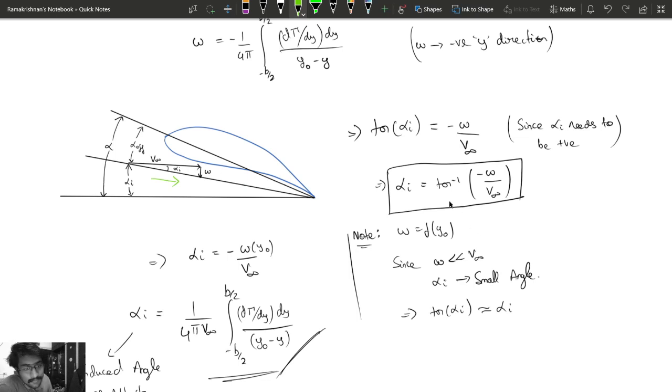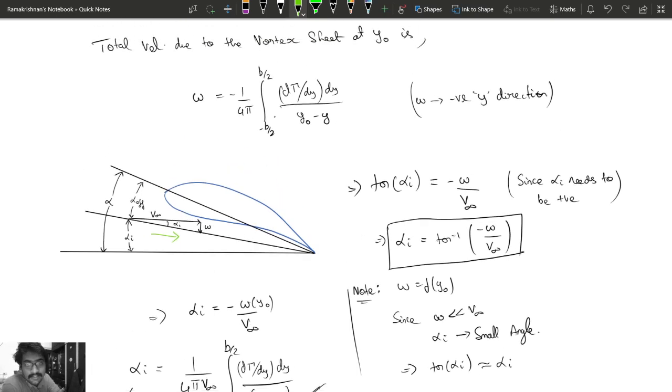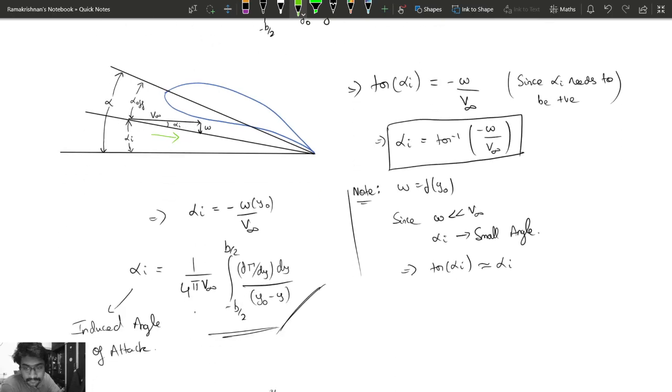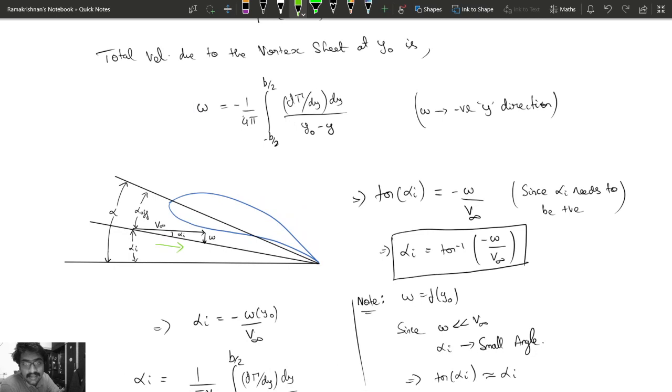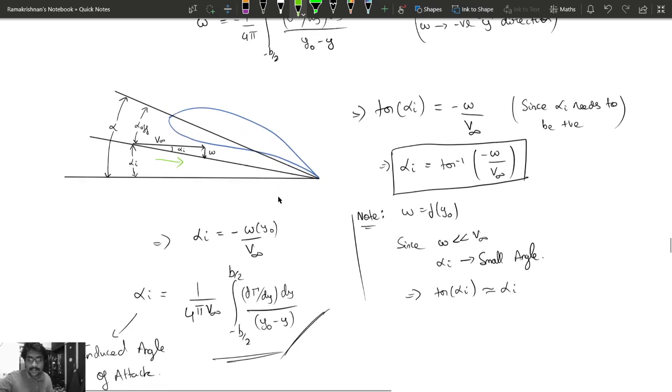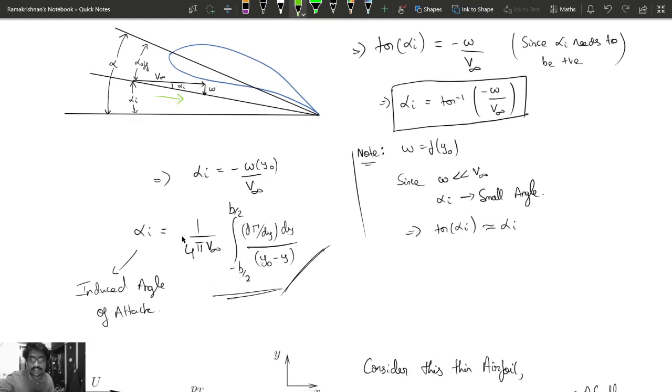So we can use the small angle approximation tan theta equals theta, and we get alpha i is nothing but w by v infinity, and we have calculated w as a function of y. So we can write alpha i as this entire integral divided by v infinity. This is the induced angle of attack as a function of y.